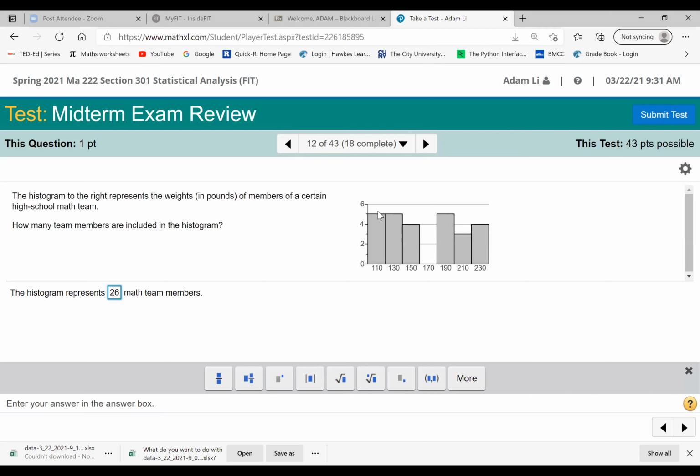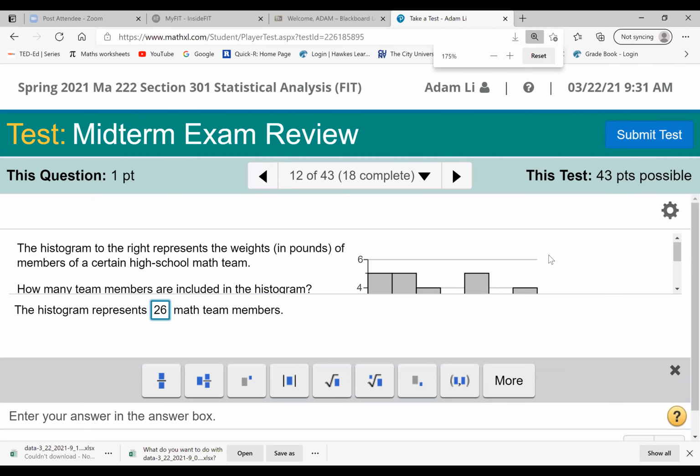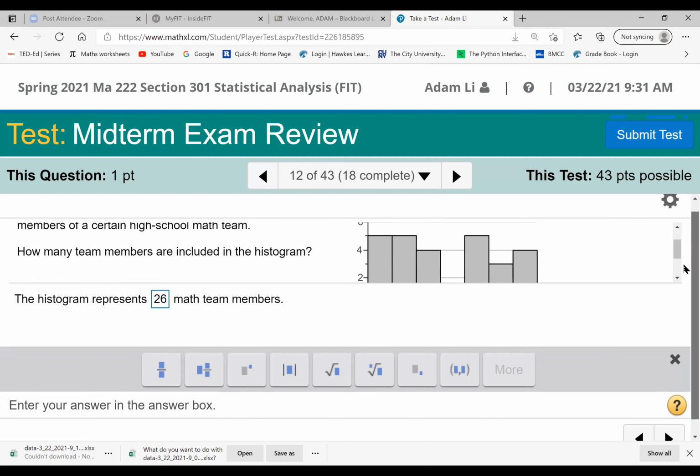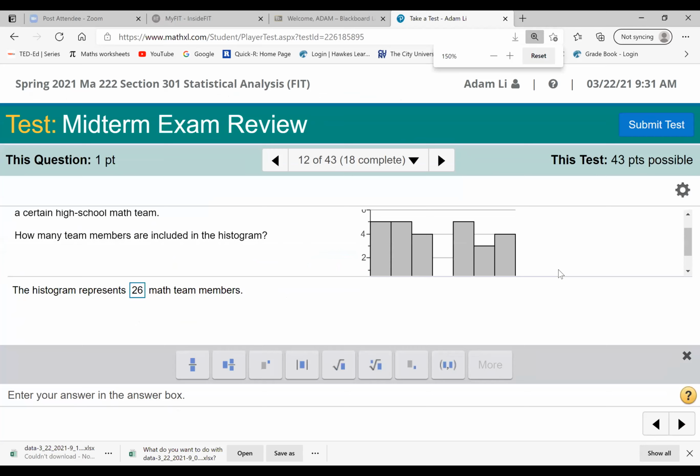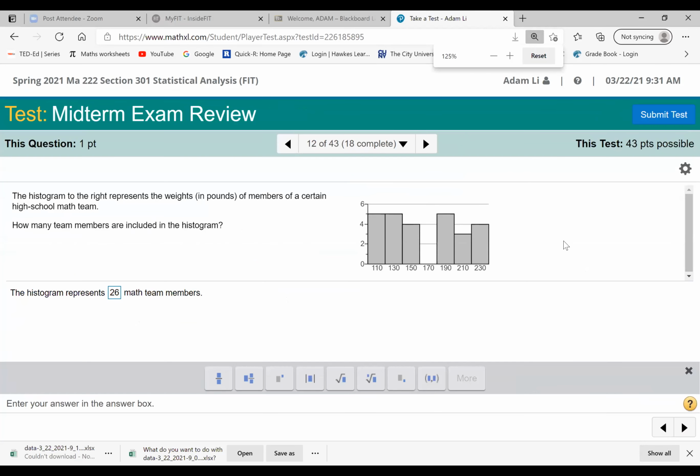You can mark the top with frequencies. Let me just do this. I'll quickly show you this print screen. Okay, let me share with you. Here we go.